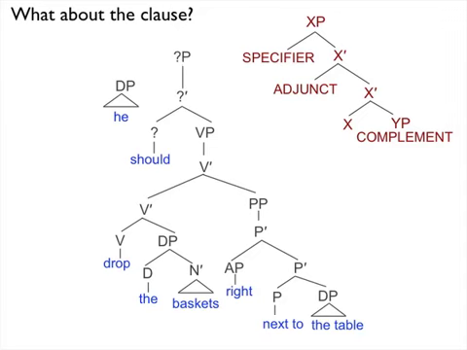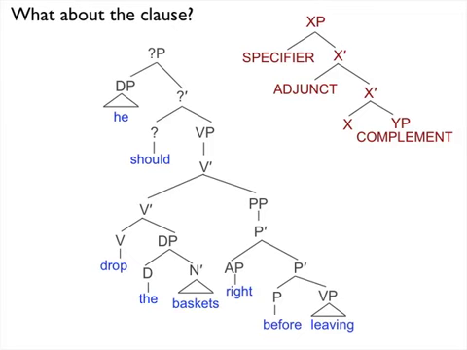How does this all work out? X bar theory says should has to project a whole phrase, right? And there has to be an X bar place, and we know then that he should be the subject of that whole phrase. Makes sense, right?